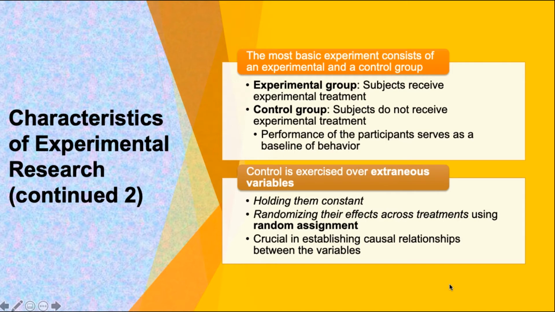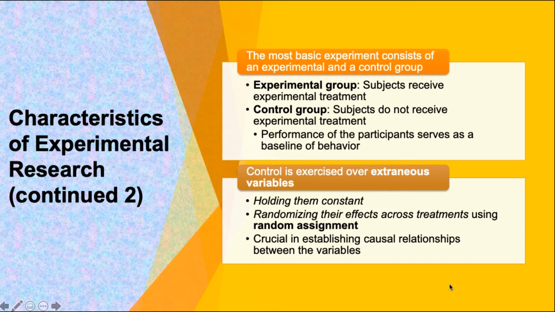So, control over extraneous variables. The second characteristic of an experimental research is the control over extraneous variables. Extraneous variables are those that may affect the behavior you wish to investigate but are not of interest for the present experiment.